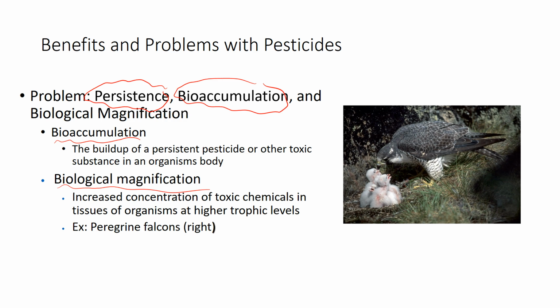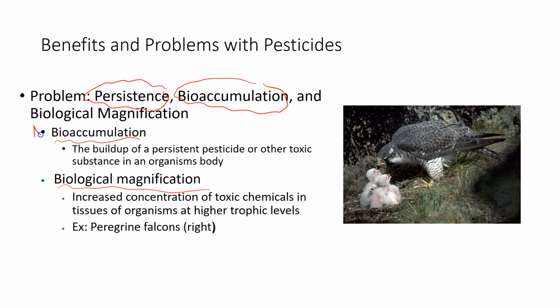Now, because of that, these persistent molecules have a tendency to build up to higher concentrations inside the tissue of organisms. All right. And so what we see is, it might be a relatively low concentration in water, for example, but the organisms that live in the water might build that up to a higher concentration in their tissues because they bring water in and water leaves through the intake and waste process, but their bodies aren't good at processing some of these molecules, so they end up getting stored in maybe the fat tissue of a fish or something like that.